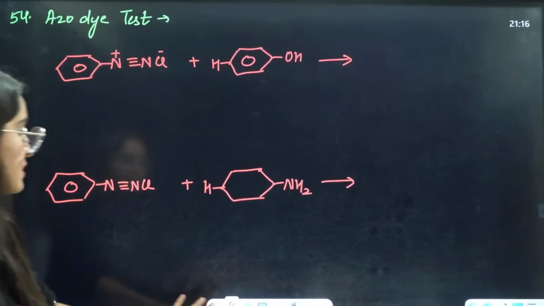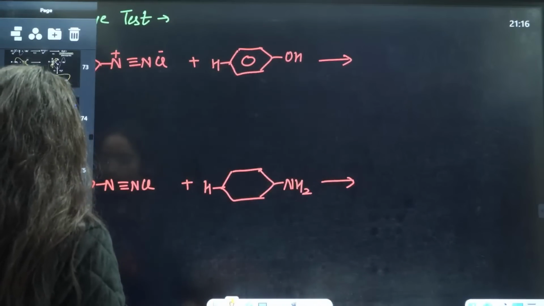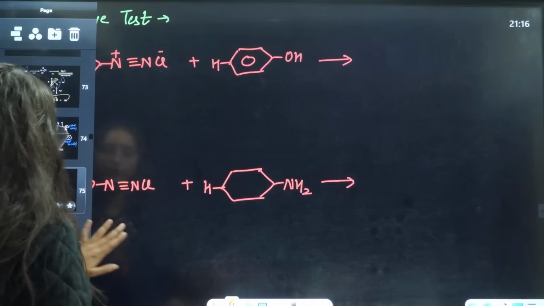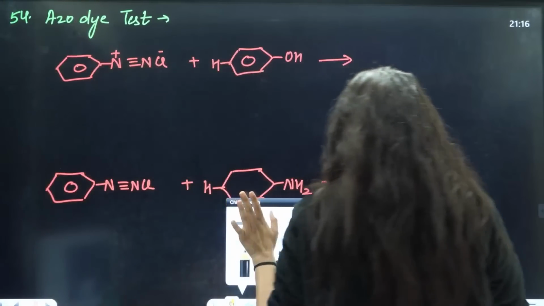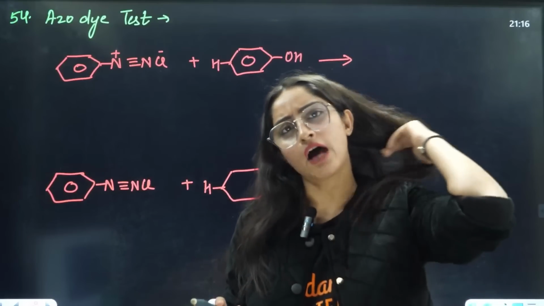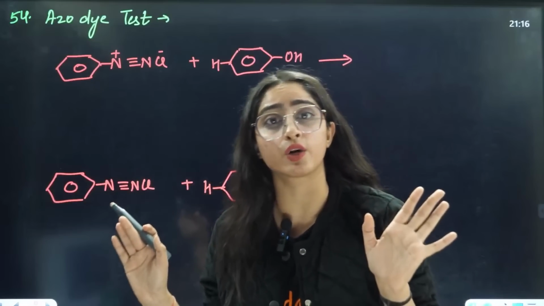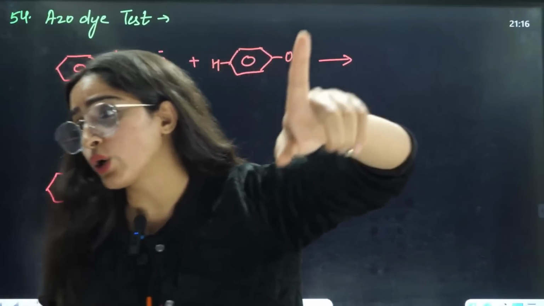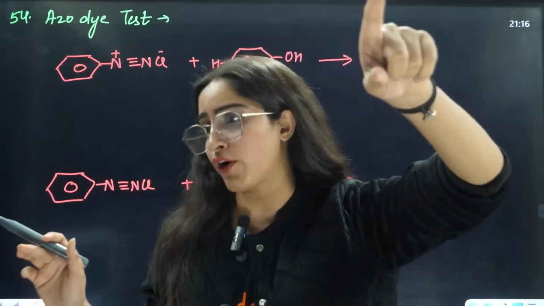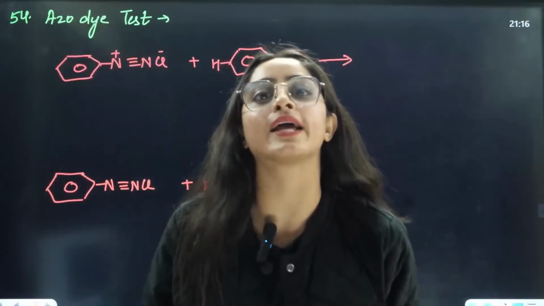Now, next, and the last one we have, azo dyes. This is the last one only. After this, we will have a break of a good 20 minutes, right? Good 20-25 minutes we'll have a break. And after that, we will again start and finish the previous year questions today. Do you guys want to finish the previous year questions today itself or not? Because today only we have completed all the naming reactions.